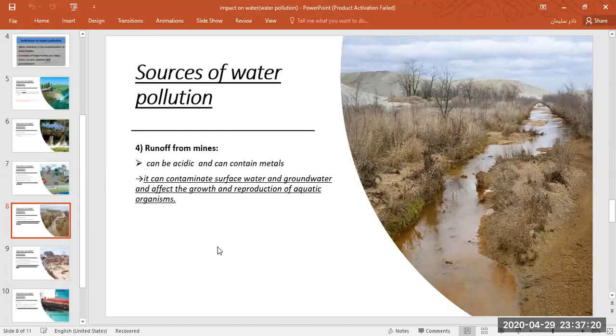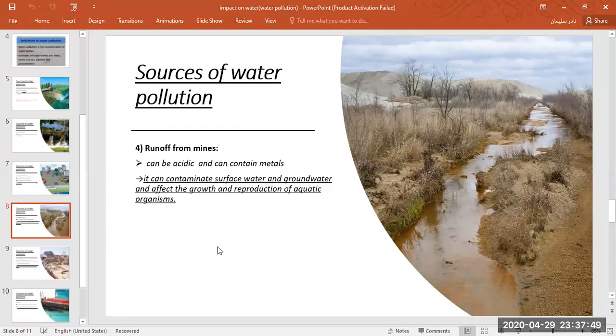And it also can carry metals from the mined land. So these acidic substances and these metals are carried by runoff to the rivers and to the streams and to the water bodies. And all of these substances are harmful to aquatic organisms, which will affect their survival, their growth, and their reproduction.